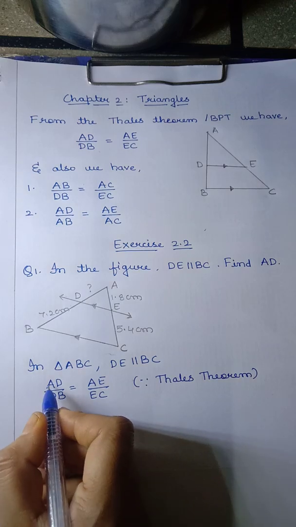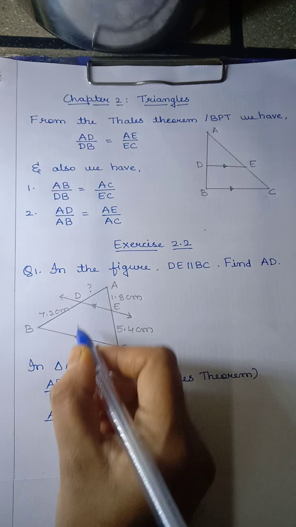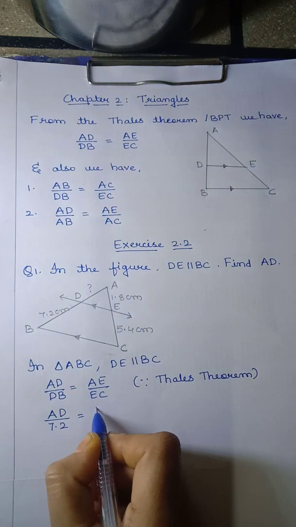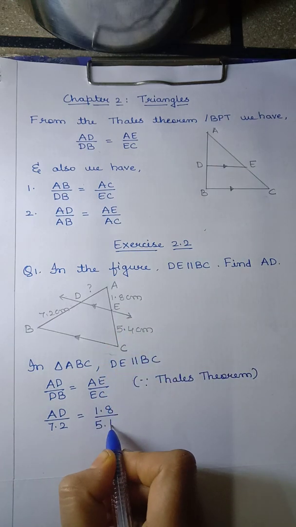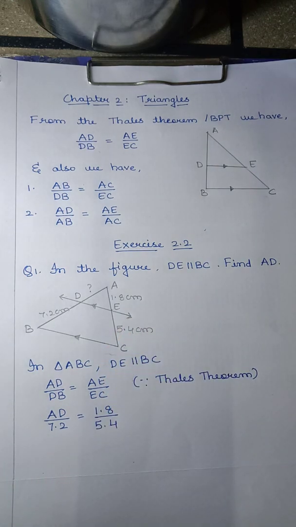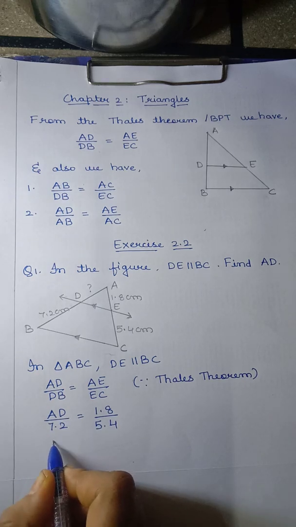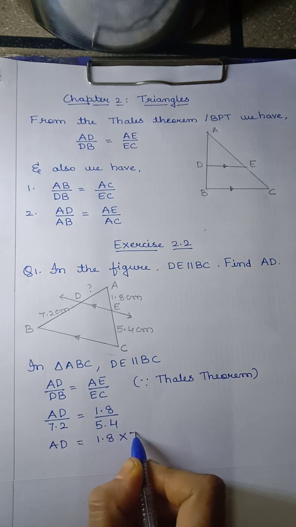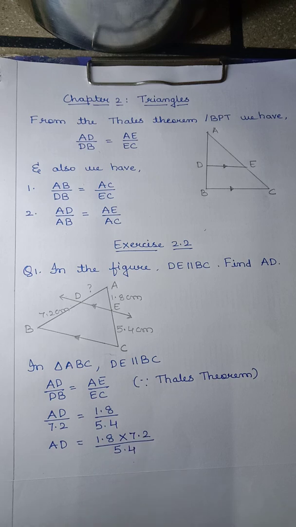Now substitute the values. AD we have to find upon DB. DB measurement is given as 7.2. Then AE is 1.8 and EC is 5.4. Now cross multiply to find the measurement of AD. AD will be equal to 1.8 into 7.2 divided by 5.4.